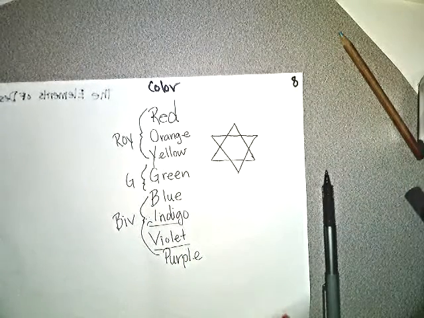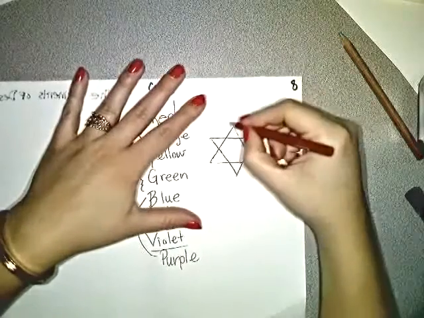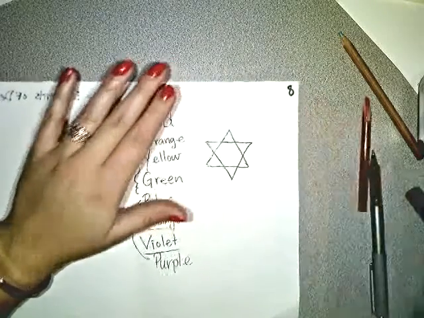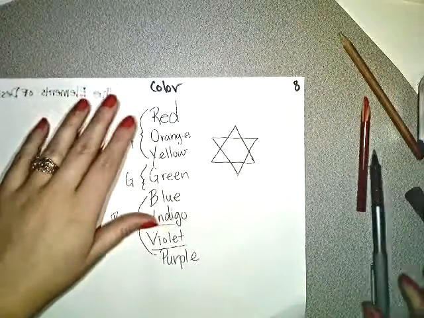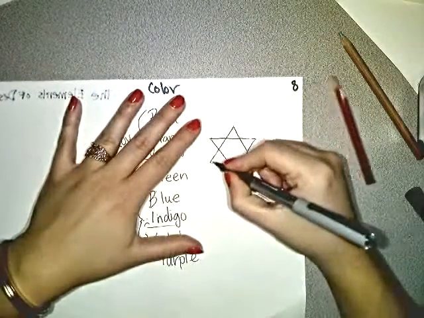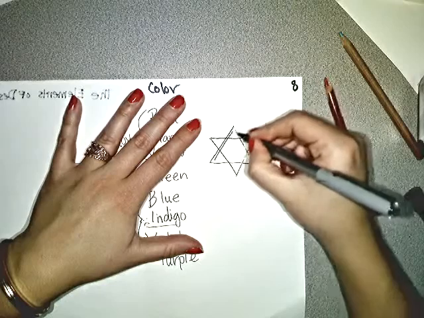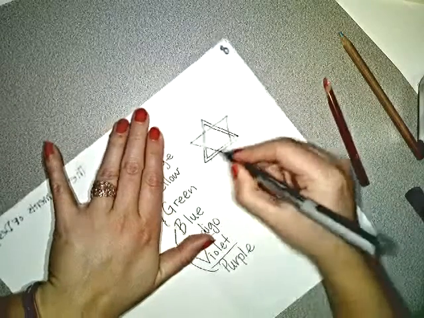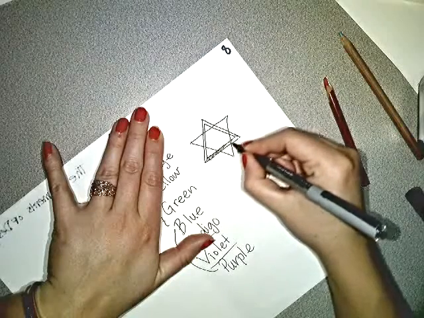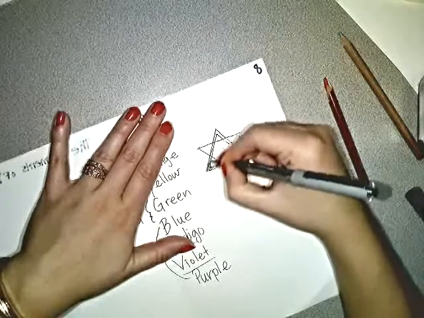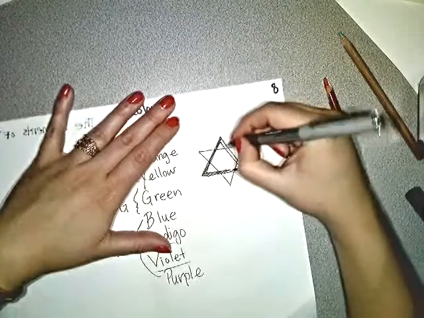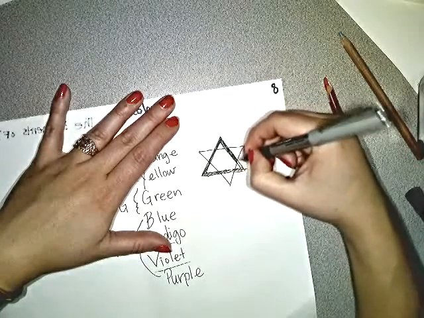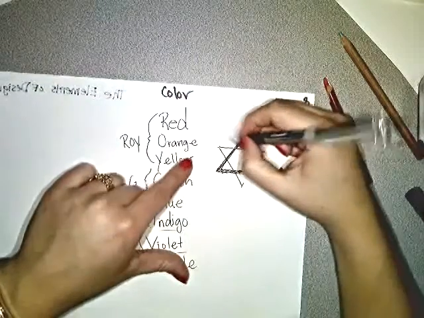I guess I'll just use colored pencils. Oh well, I'll just make it thicker. This triangle here that I'm making thick is going to be our primary colors. So the first triangle where the point is, never mind, they're all points. This one here is your primary one.